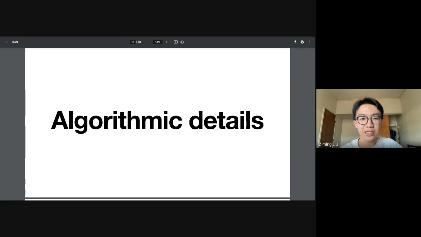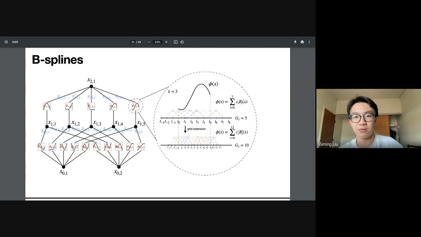So regarding the algorithmic details, I don't want to dig too deep into it, but there are just a few quick things I want to mention. The first thing, I already mentioned that we are using B-splines. So what are B-splines? B-splines are a local basis, and the way we construct a curve is that phi of x is a linear combination of this B-spline local basis, and the linear coefficients are the trainable parameters.